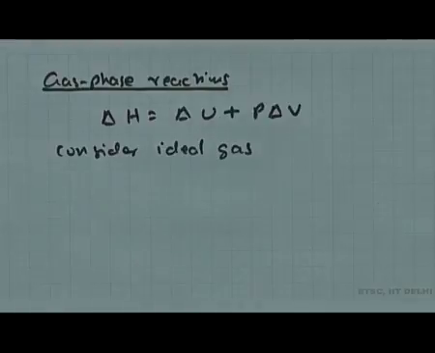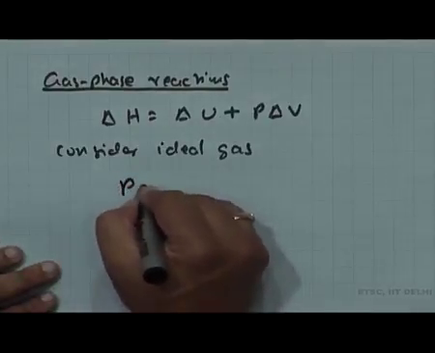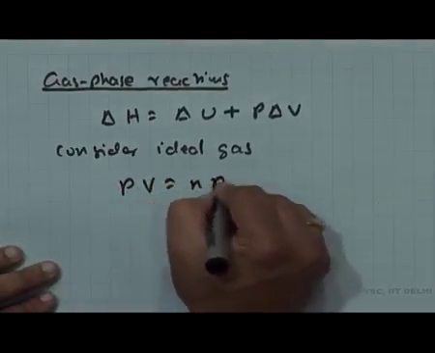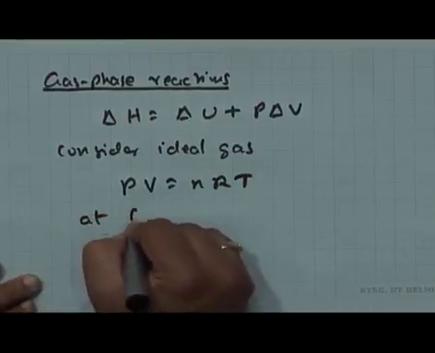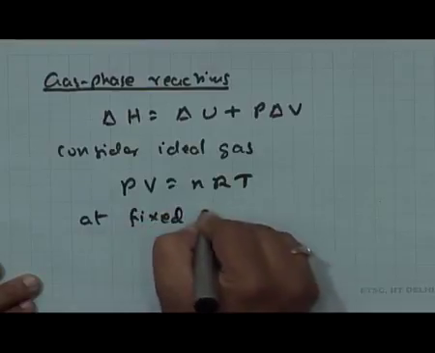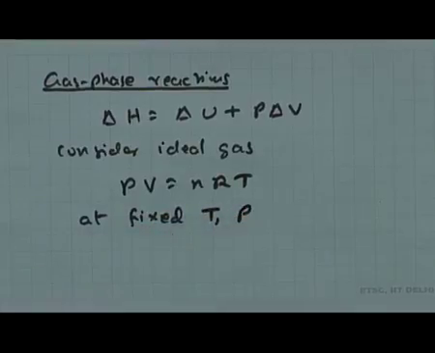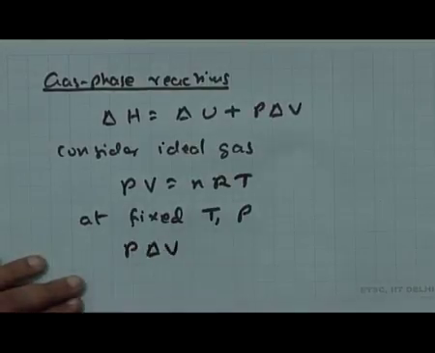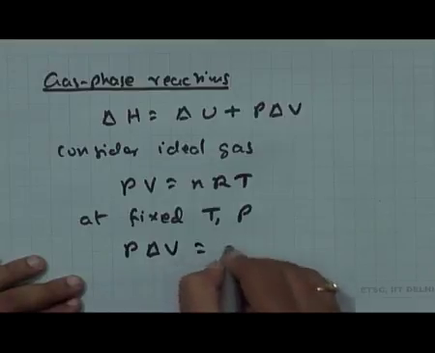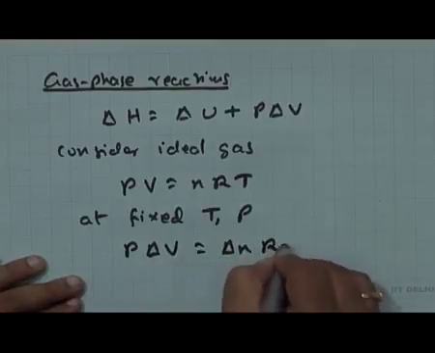Now, starting from the ideal gas equation where P V is equal to n R T, at fixed temperature and pressure, I can write P delta V is equal to delta n R T.